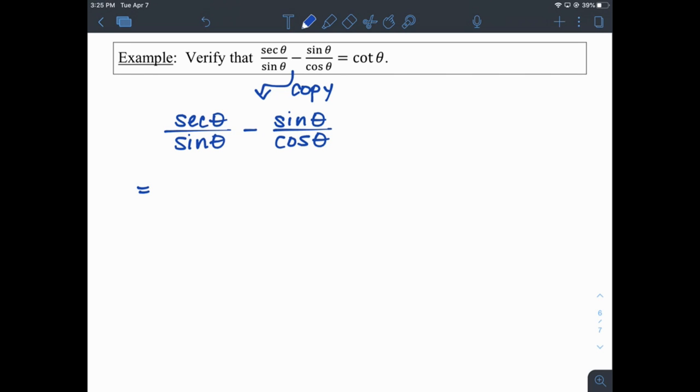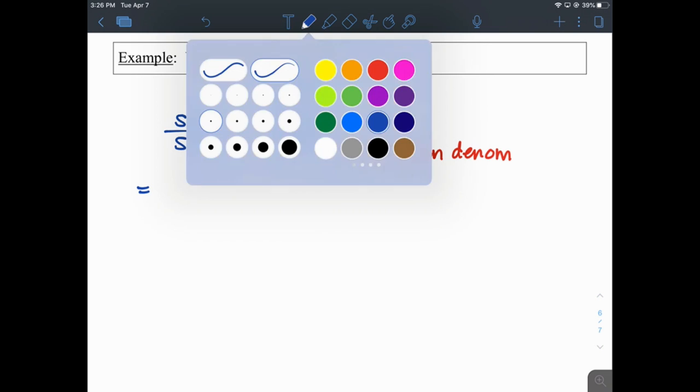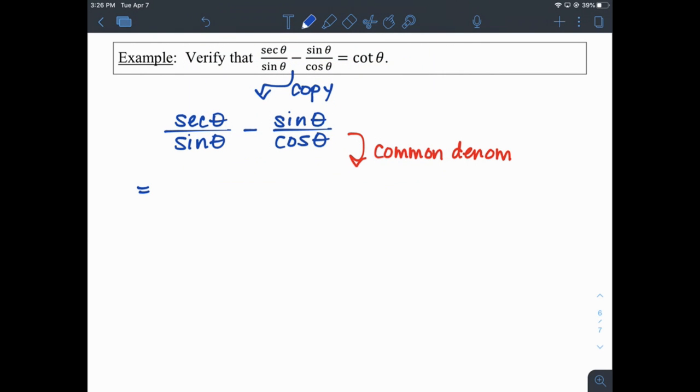So we can change the secant using a reciprocal identity. The other option, which is the option that I think I'm going to take, I see two fractions subtracted. I'm going to combine those fractions by getting a common denominator. So we've seen lots of different scenarios today where there's choices.